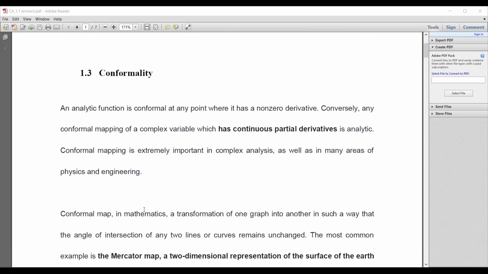So as a whole, this is the definition. It has to be an analytic function with non-zero derivative. Then this function can be called a conformal mapping, and it must preserve the angle between any two curves while transforming from one plane to another complex plane.